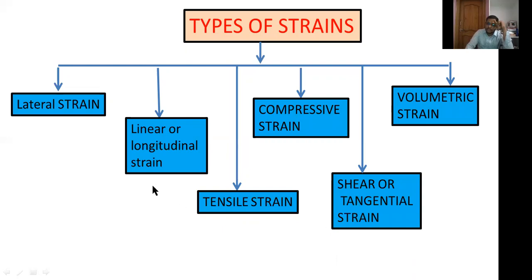If the strain is produced by tensile stress, it is known as tensile strain. If the strain is produced by compressive stress, it is called compressive strain. If the strain is produced by shear stress, it is known as shear strain.